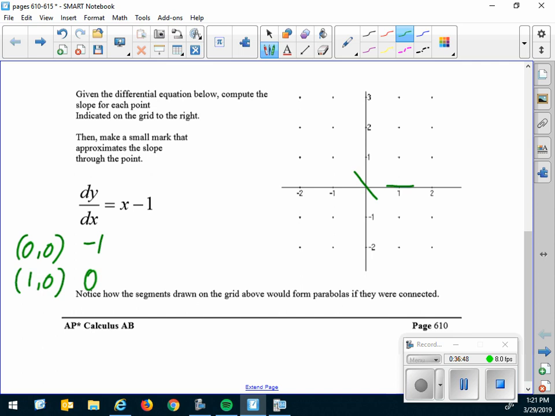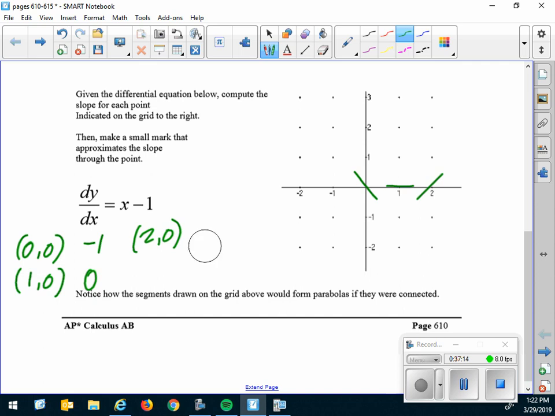At the point 2, 0, what is the slope? 1. So I'm going to go to that point and draw a little tangent line that has a slope of 1, best I can do it. That's what you're going to do at all of these points, okay? And you are generating a piece of a slope field.